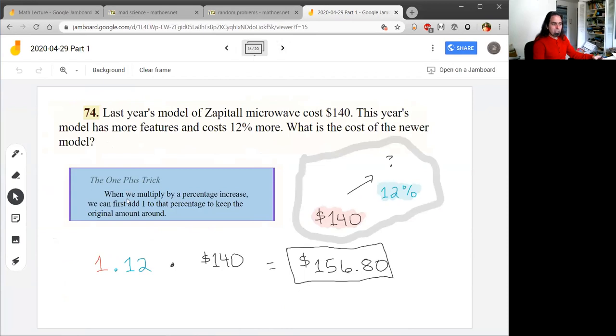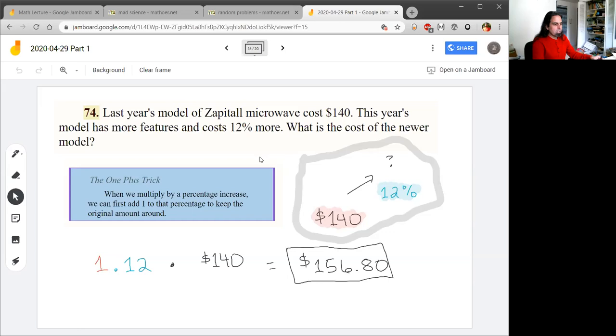We had the 1 plus trick, where if I want to take 140 and go up 12%, then I could find 12% of 140 and then add that back on to 140 as 2 steps. I could say, what's 12% of 140? 0.12 times 140. I'd get $16.80, and then I'd add it back on.